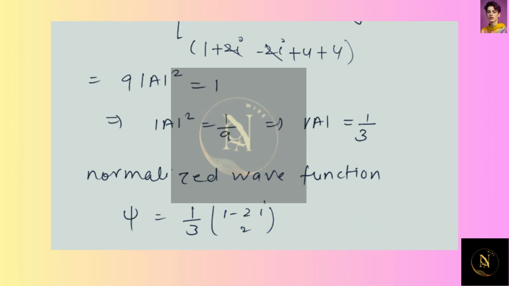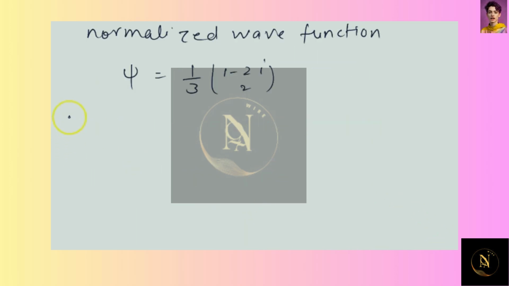The next question is part B. In part B, it asks: if we measure Sz of the electron, what value would you get and with what probabilities, and show the calculation.